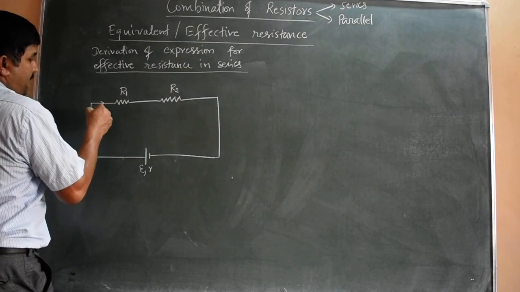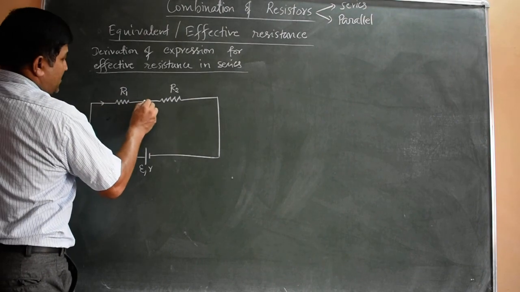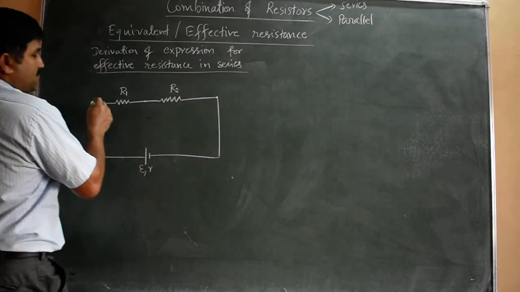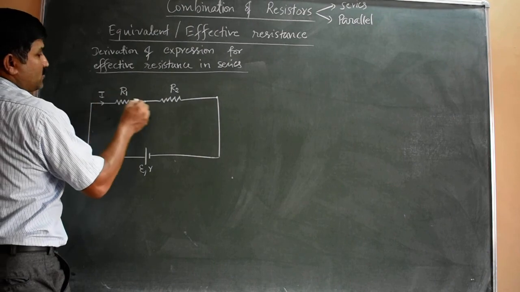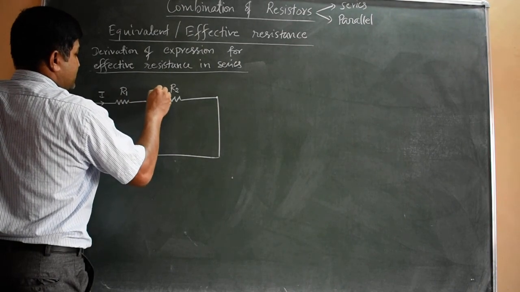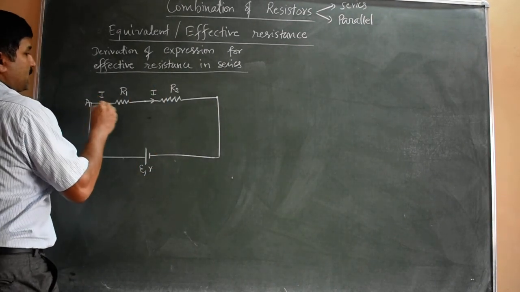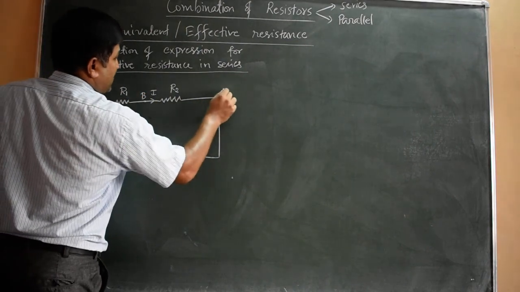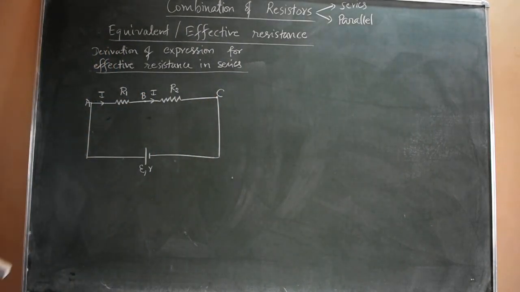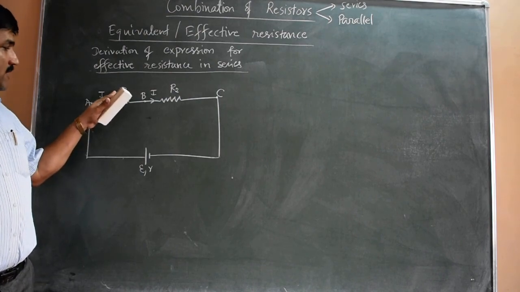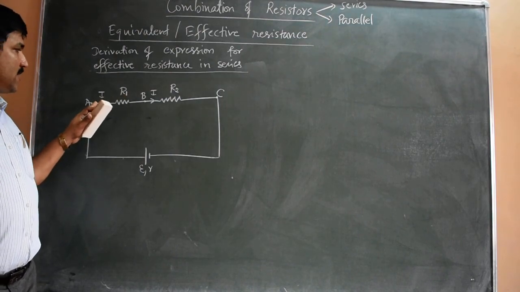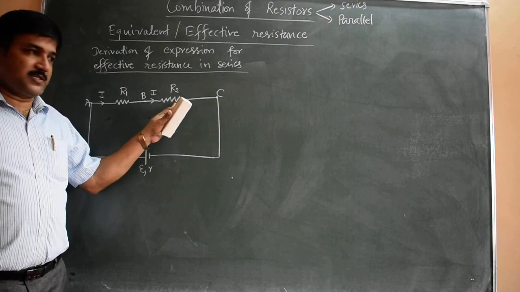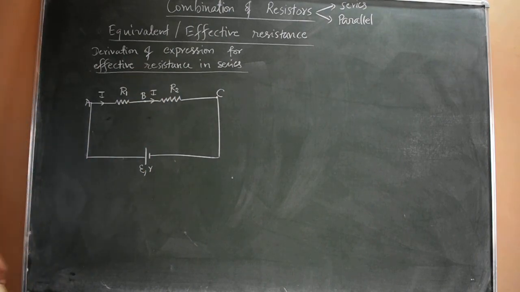Now it is a series combination, I said. End to end connection means the same current flows through both the resistors. Such a combination is called a series combination. So the current through resistor R1 is I, and the current through the other resistor R2 is also I, the same current.